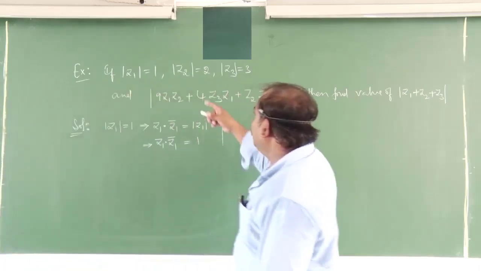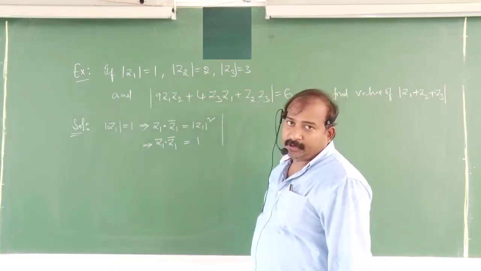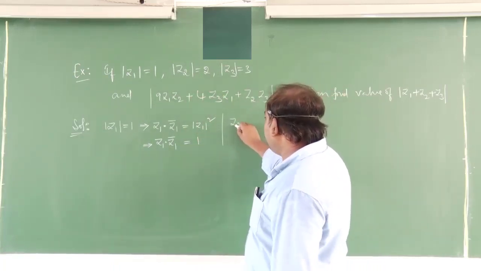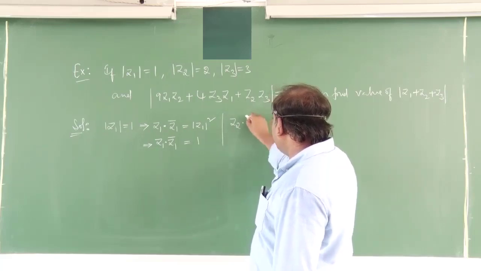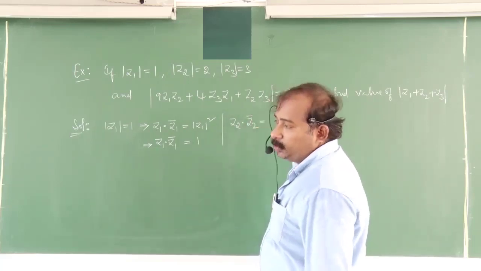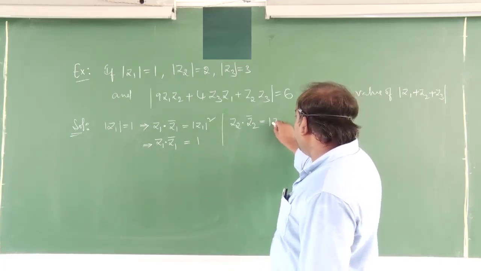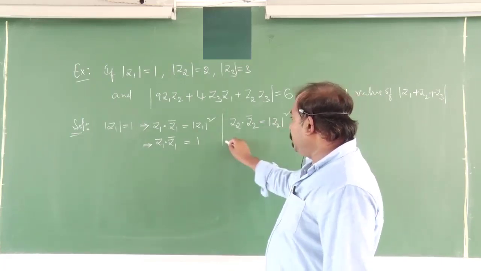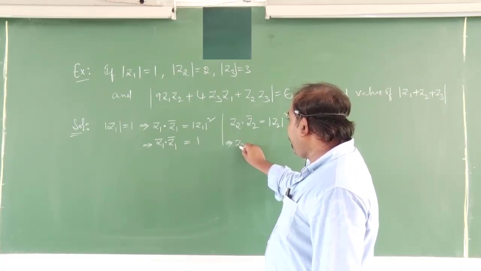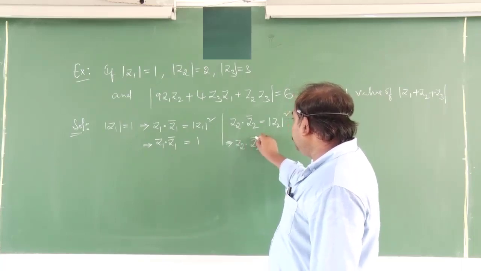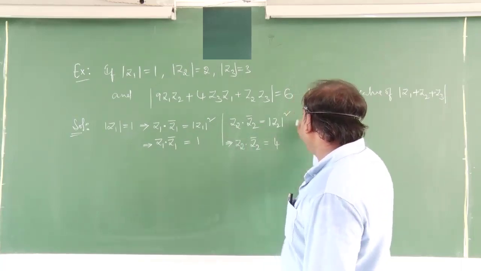Similarly, modulus Z2 is given as 2. So Z2 into Z2 conjugate equals mod Z2 squared, which means Z2 into Z2 conjugate is equal to 4.